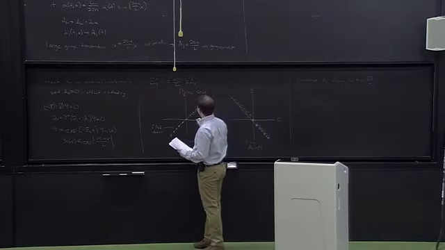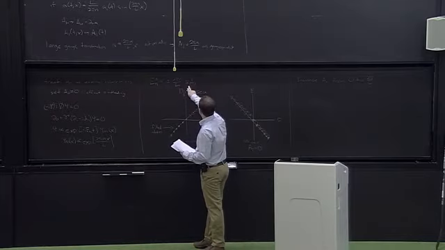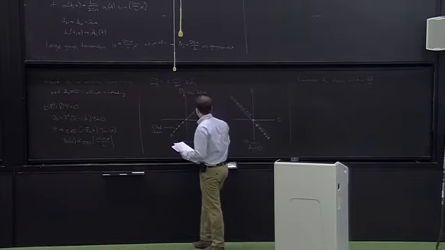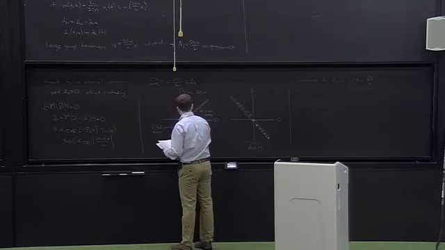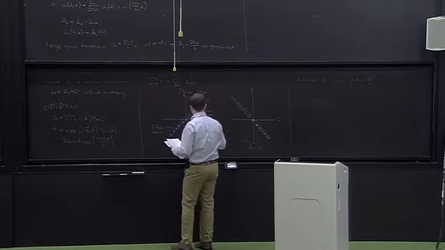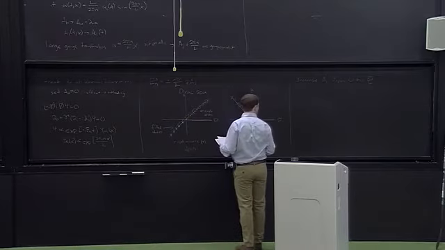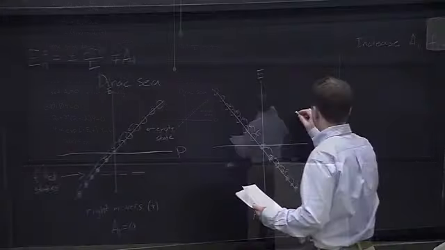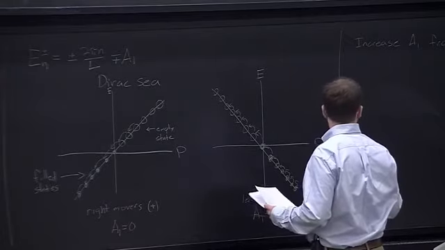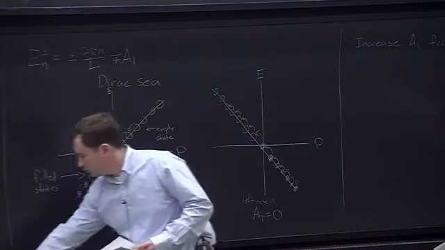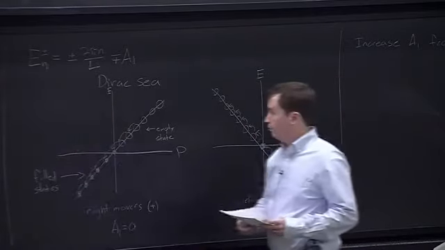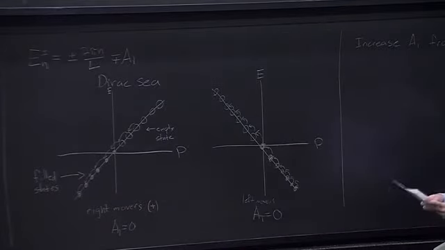And for the right movers, we have a minus sign, so I'll move down by 1. And so what we'll end up with is, if we do turn on the gauge fields adiabatically, the occupation numbers will be unchanged.